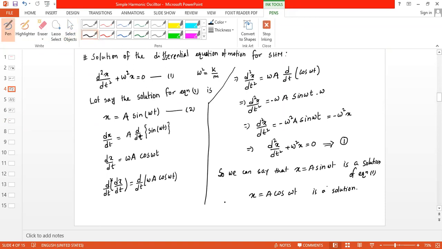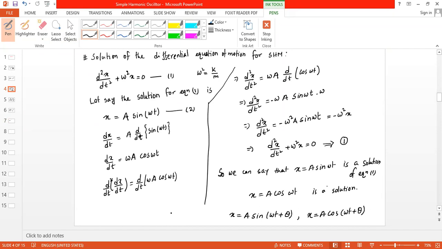Often we can also write the solution as x equals a sin of omega t plus theta, or x equals a cosine of omega t plus theta.